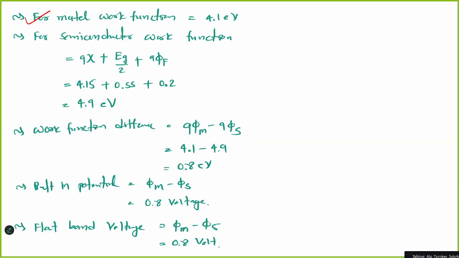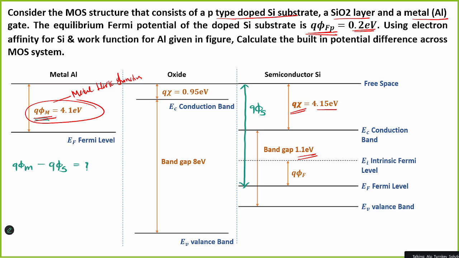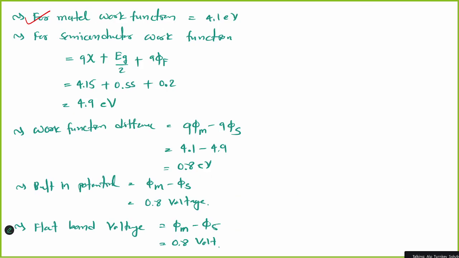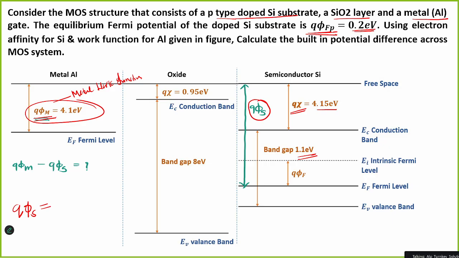And next, the semiconductor work function, that means q times phi s. How to calculate q times phi s? I already told you. The semiconductor work function is equal to q times chi, this value, plus the total energy band bending.